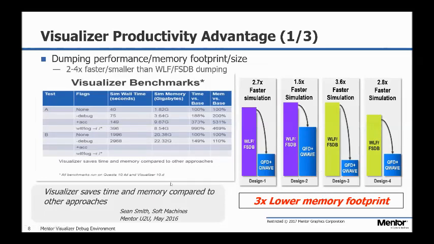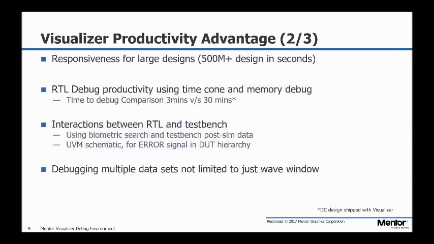On average, if you are collecting the same amount of wave data, doing it with the traditional WLF or FSDB style debug versus creating the QWave debug information, we can simulate on average about 3 times faster. Depends on the design, but we see anywhere from 2 to 4x faster by not needing to collect all of that information with the +ACC switch. So that's one of the big advantages.